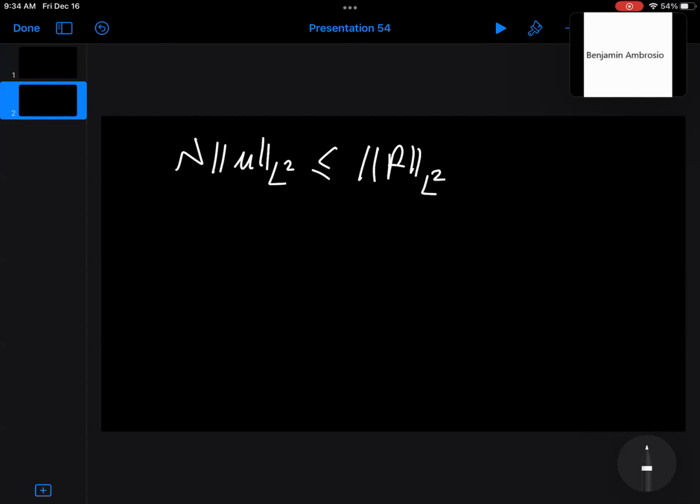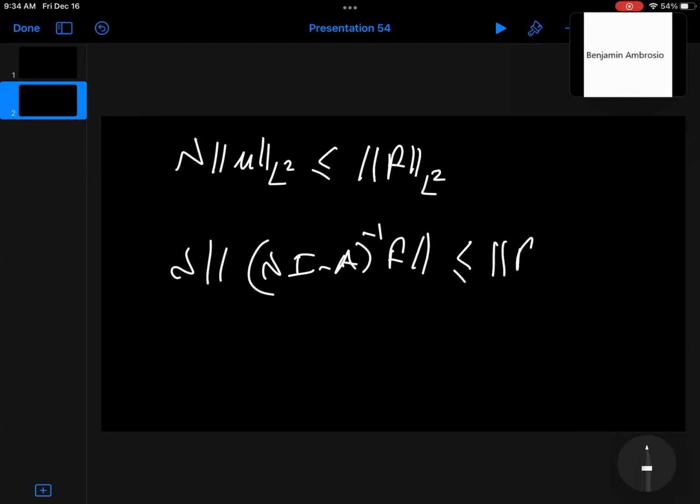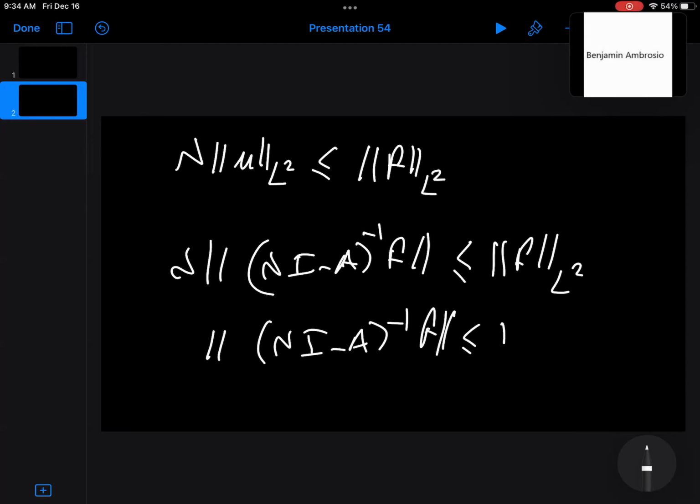But u is exactly the resolvent (lambda identity minus A) to the minus 1 of f, so its norm is less than the norm of f.